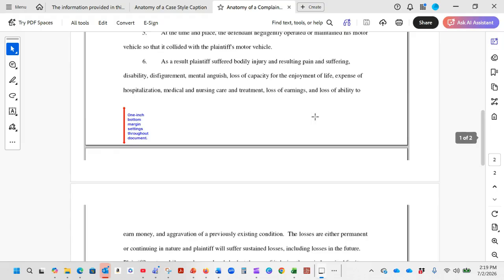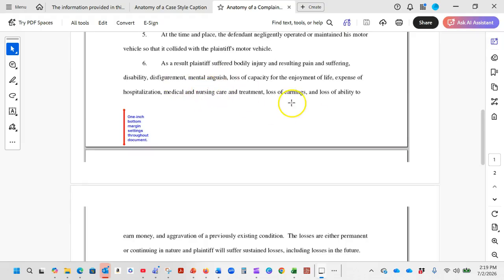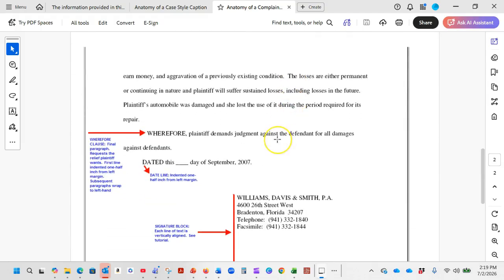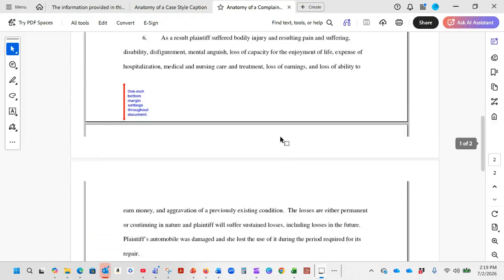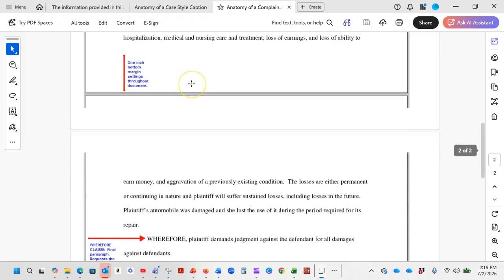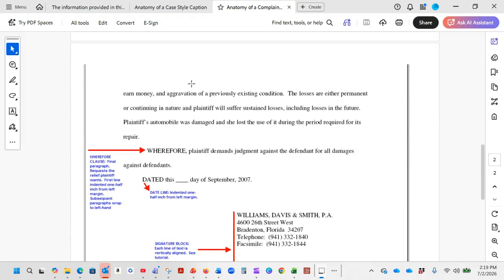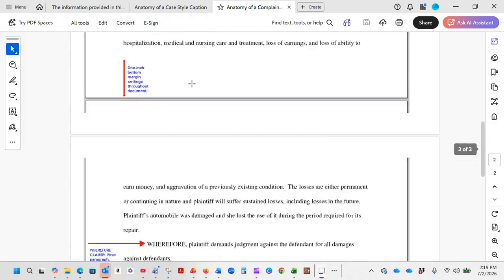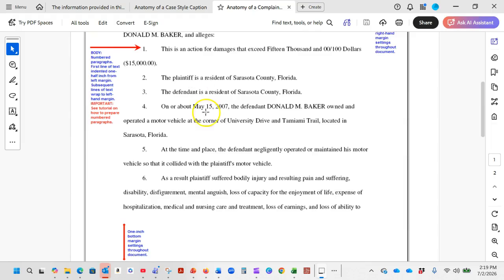So this is the prayer for relief. Here's the wherefore clause. Number 6 here is establishing the types of damages. So we've indicated there is a duty. He was driving his car. He had a duty.